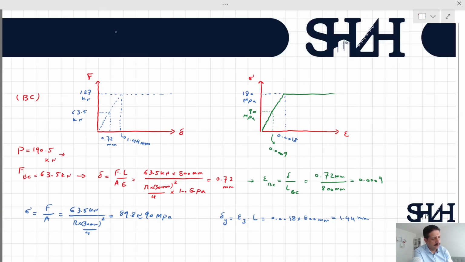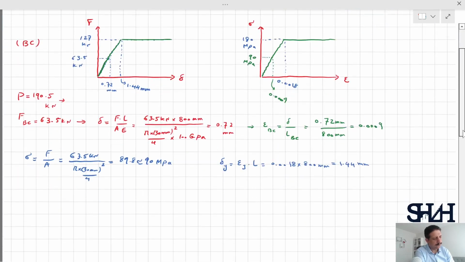Now, this is the relation between force and deformation domain and stress and strain domain for element B. Here we can see that in the elastic side, we still have capacity for this element.